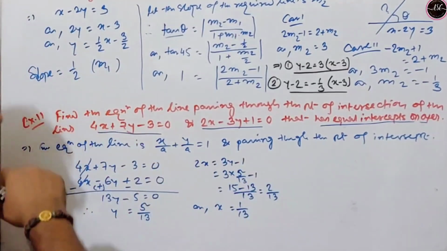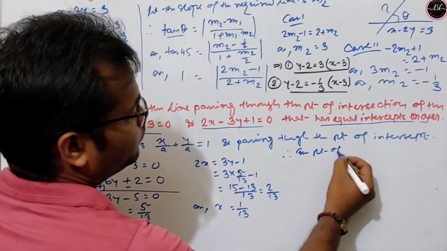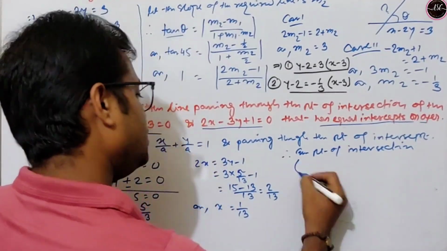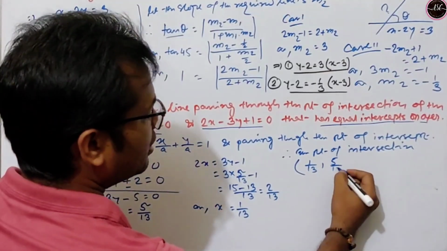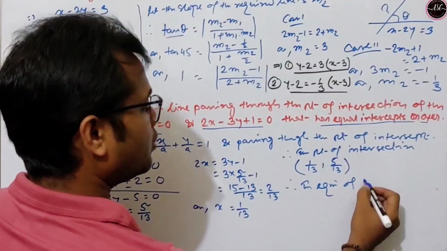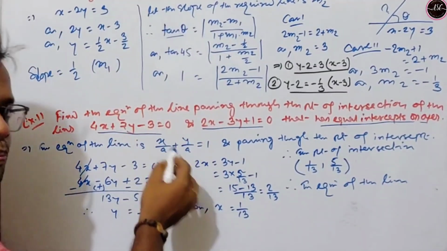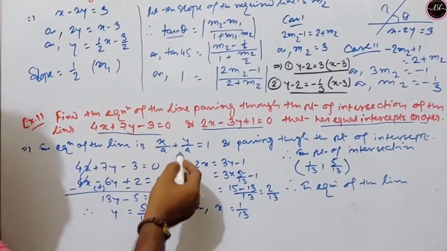Therefore the point of intersection is (1 by 13, 5 by 13). So therefore the equation of the line is passing through this intersection point. So just put here the value of x, y, you get a.